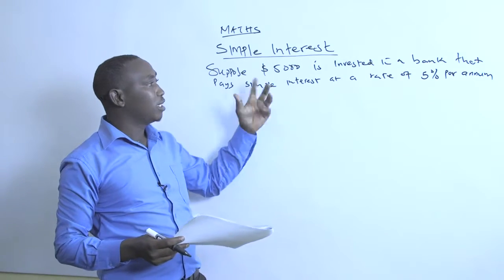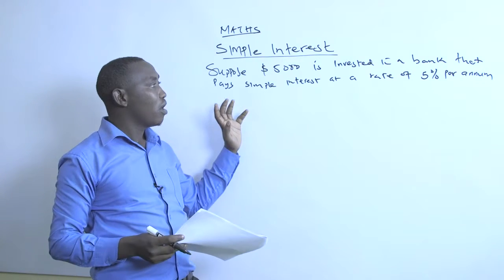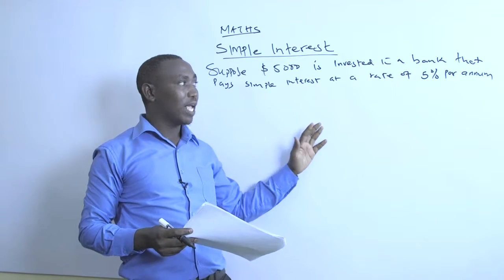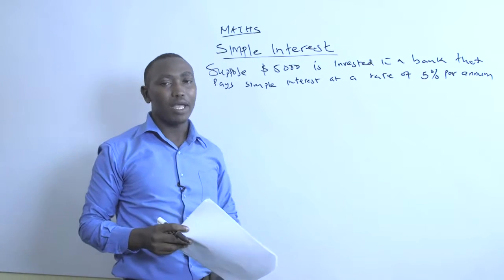So we want to consider this particular case where 5,000 US dollars is invested in a bank over a particular period of time and earning a 5% simple interest.